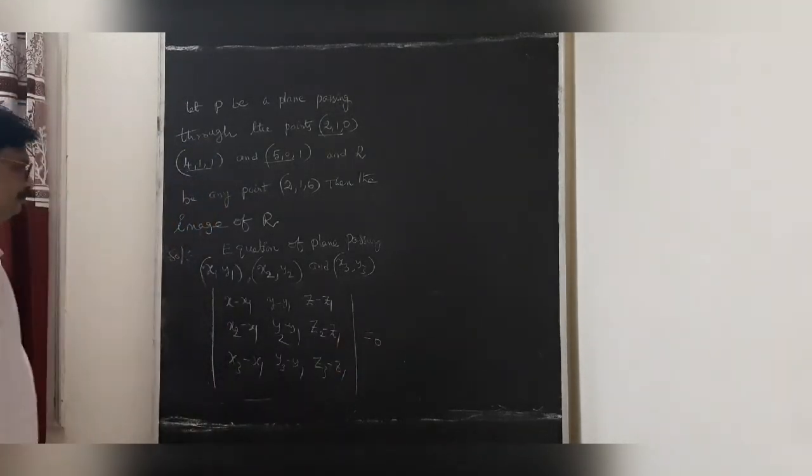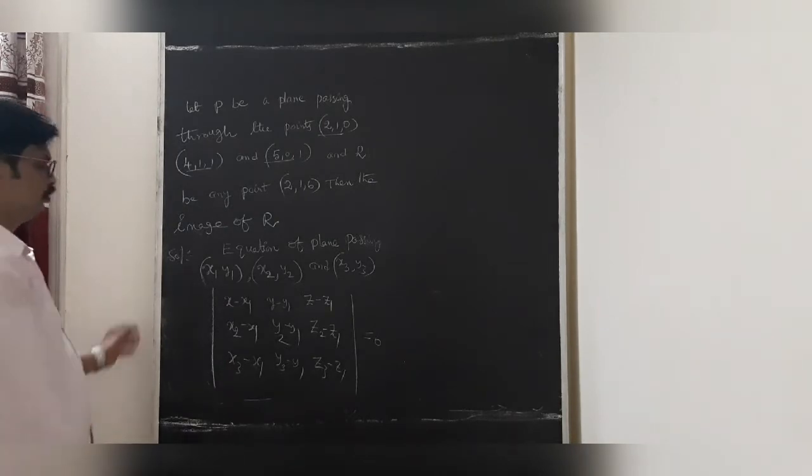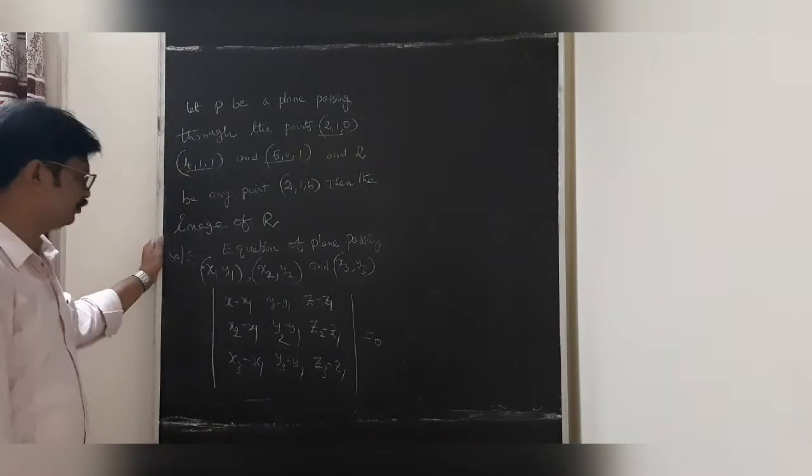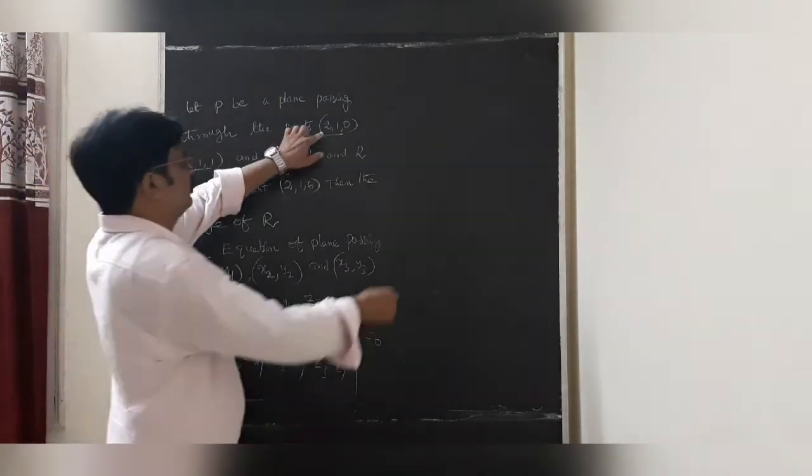This is the plane passing through the points. This is the easiest method to find the equation of the plane.